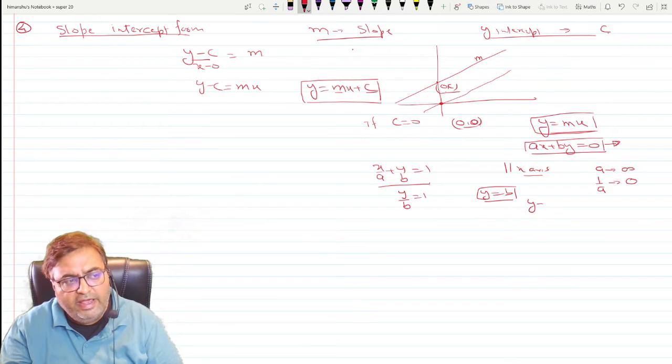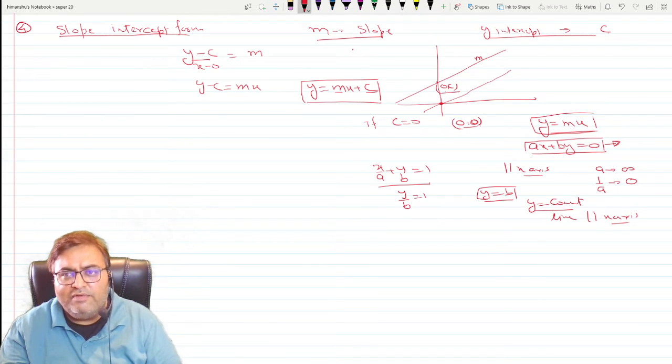So y equals a constant is the equation of a line parallel to the x-axis. In the general equation, if the x part vanishes, any equation of the form by plus c equals 0 will be a line parallel to the x-axis.